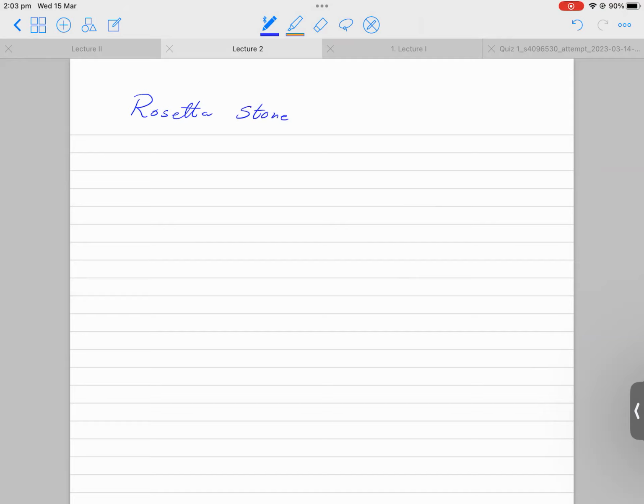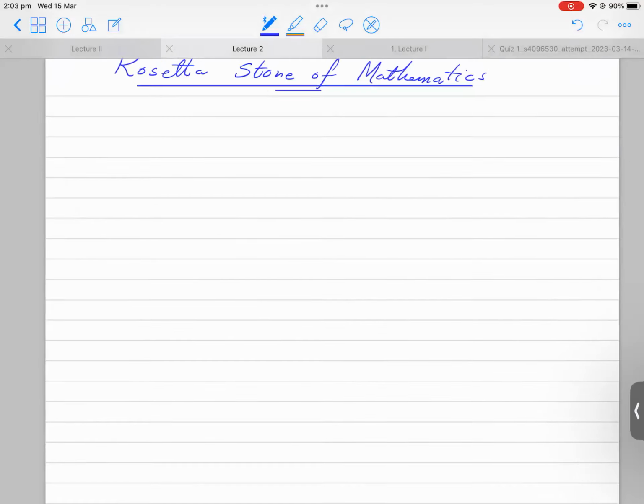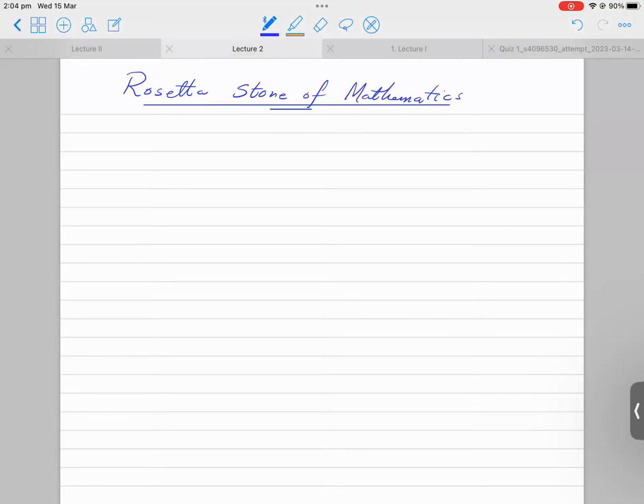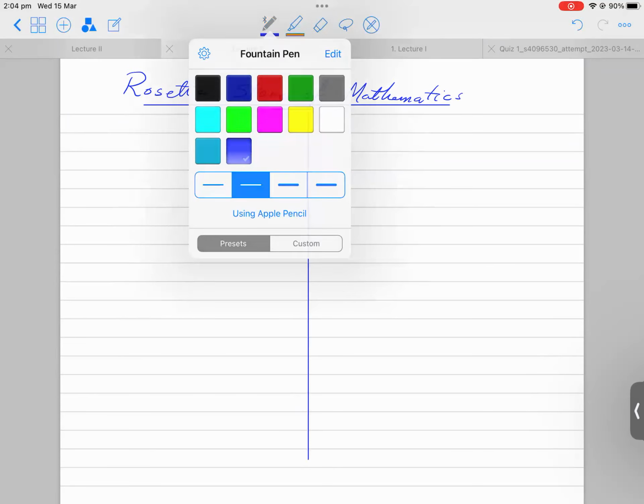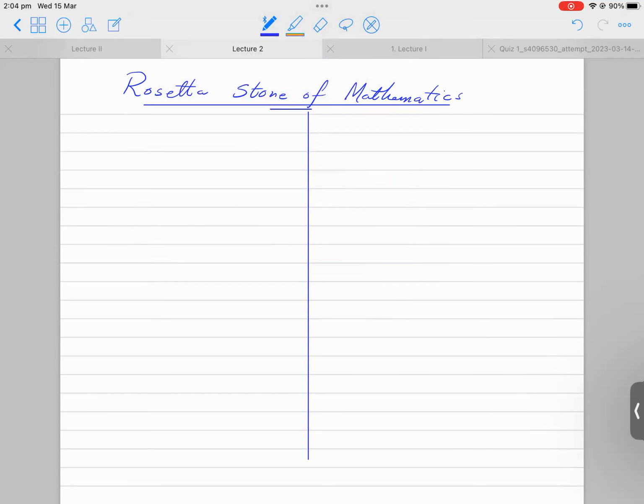Let's review this, because it's a really beautiful concept, and it's very important for people who want to learn more about this subject. I will only consider two columns of the Rosetta Stone. It usually has three columns, the third column being Riemann surfaces, but right now I will just concentrate on two columns.